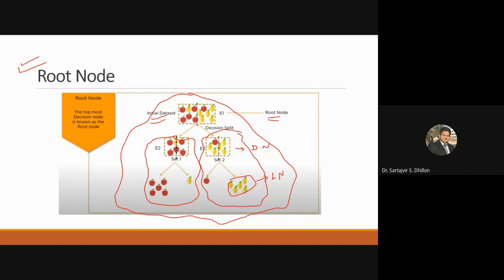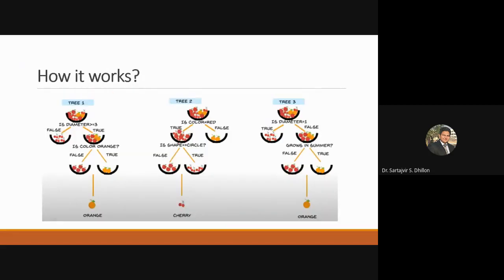This main input data set is generally referred to as a root node, or the topmost decision node, also known as the root node. Hopefully you are all able to get my point.